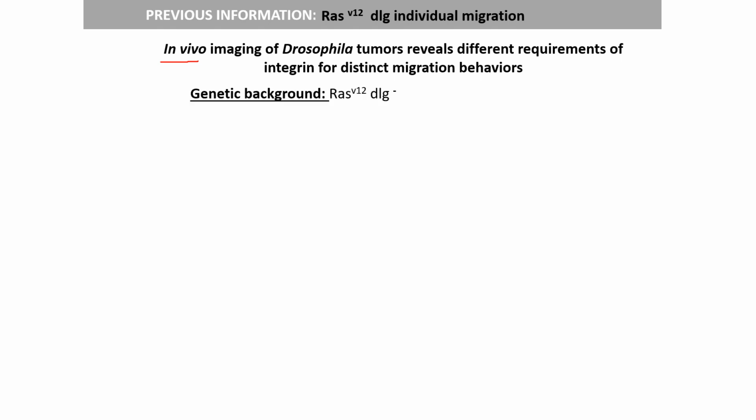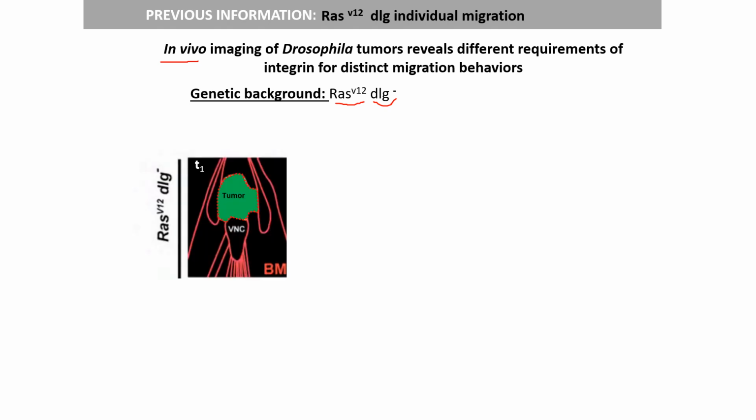And again, they used RAS and a tumor suppressor, a genetic perturbation in a junction, and that produced a highly invasive tumor. So here you have the tumor that is going to move from the brain to the ventral nerve cord of the flies.